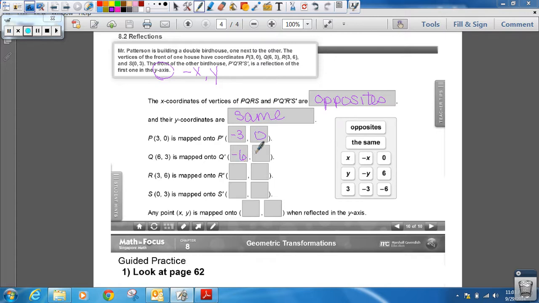Change it to the opposite, the y stays the same. Change it to the opposite, there is no opposite of 0, so that stays the same, 0, 3. Any point x, y is mapped onto negative x, y when reflected in the y-axis.